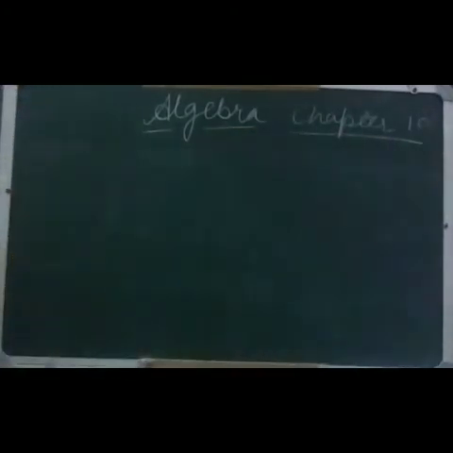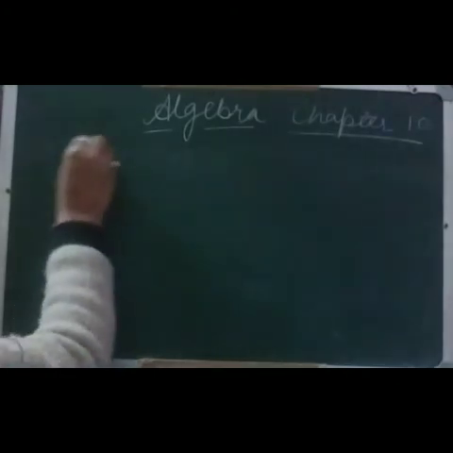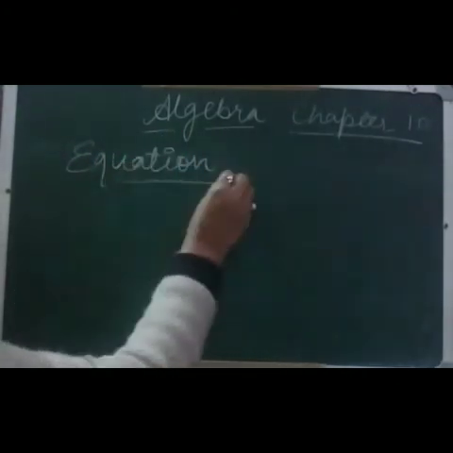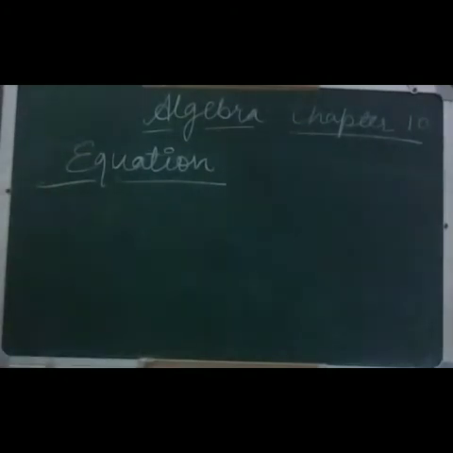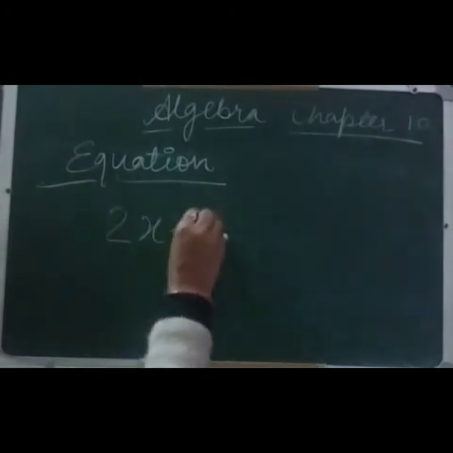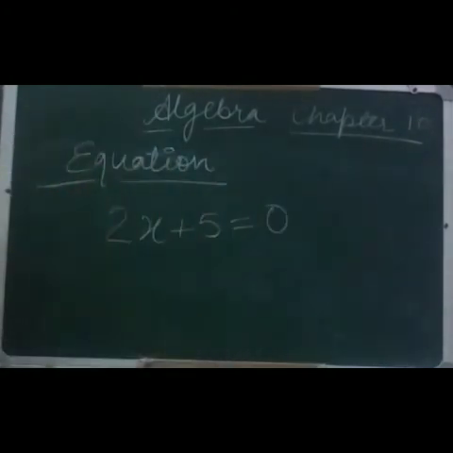Next topic is equation. Now, what is an equation? An equation is a condition on a variable which is satisfied only for a definite value of the variable. Suppose we are given 2x plus 5 is equal to 0.